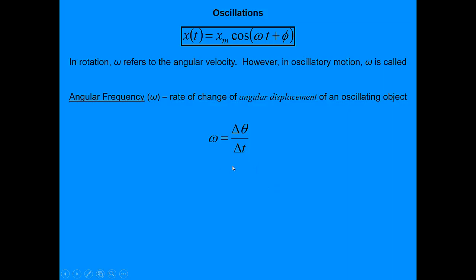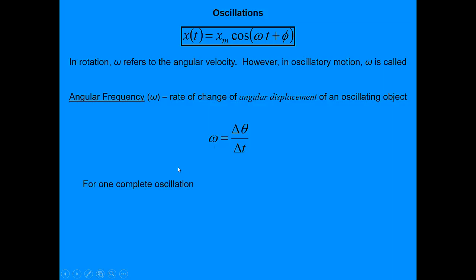But you'll notice that's the exact same way we wrote angular velocity, at least for a constant angular velocity. So we're going to write the angular frequency the same way, except we're interpreting it differently. This is now going to talk about the oscillation that it's going through, the simple harmonic motion, the vibration, as opposed to a particle moving in a circle.